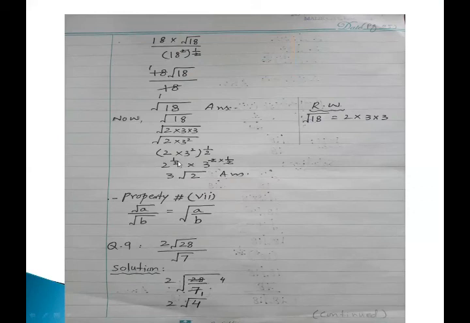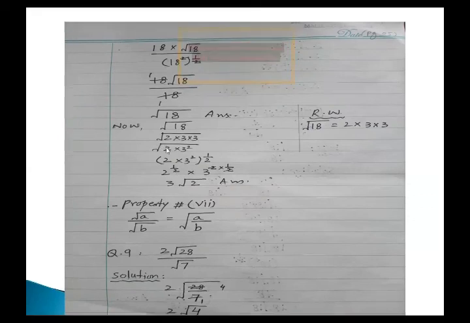But the 2 has no square on it, so 2 would come as it is, and this square root would cancel only the 3 square. So 3 would go outside of the root and 2 stays under the root, so this would be the answer.